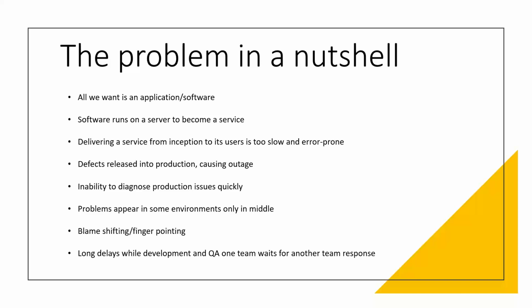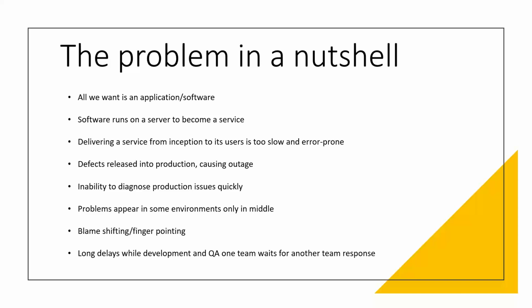You definitely need infrastructure to deploy your application, to make it up and running, to make it serve, right? So delivering a service from inception to its users is a very complicated process with the agile model and the waterfall model. But with DevOps, we overcome all these issues. I'm going to explain that in the coming slides.